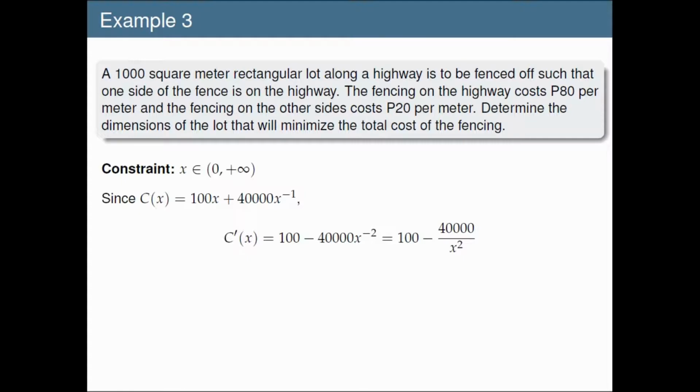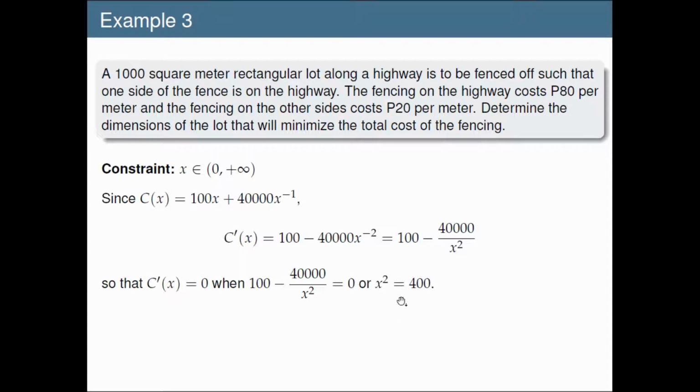Setting C prime to be equal to 0. Then 100 minus 40,000 over x squared equals 0. From this equation, 100 equals 40,000 over x squared, or x squared equals 40,000 over 100, or x squared equals 400.